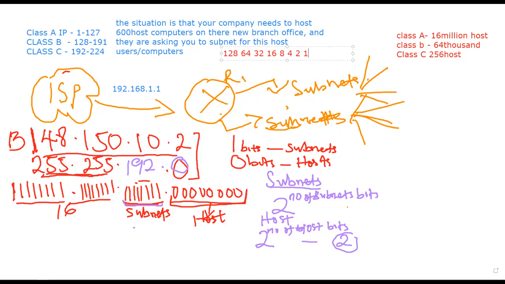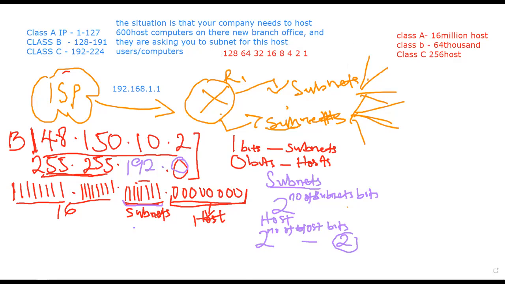Perfect. If you have not, you should watch my other video, because I explained fully how these octets and bits are used to derive these binaries.